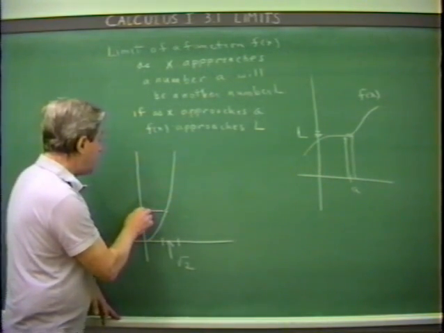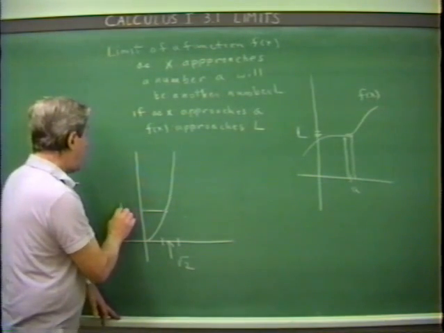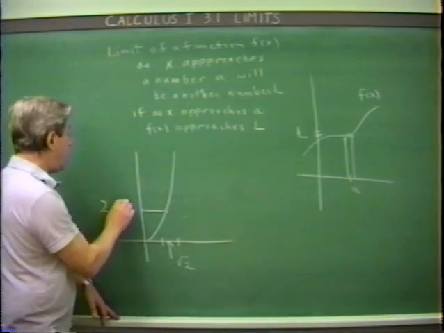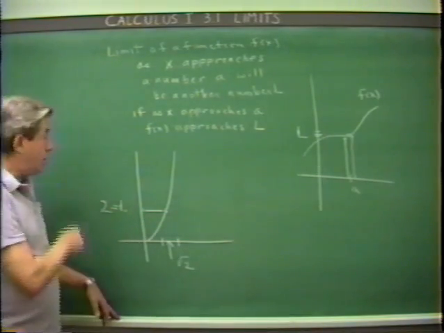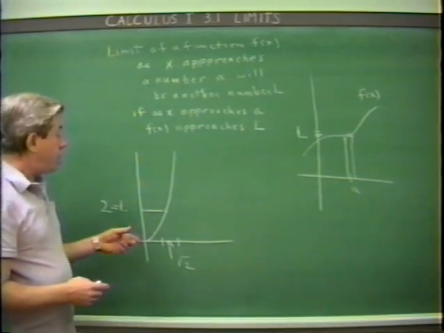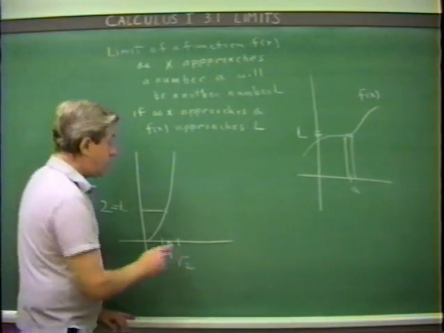For every number epsilon greater than 0, there is a number delta greater than 0 such that the absolute value of f of x minus L is less than epsilon whenever 0 is less than the absolute value of x minus A is less than delta.